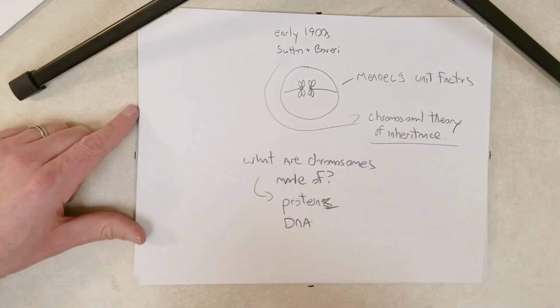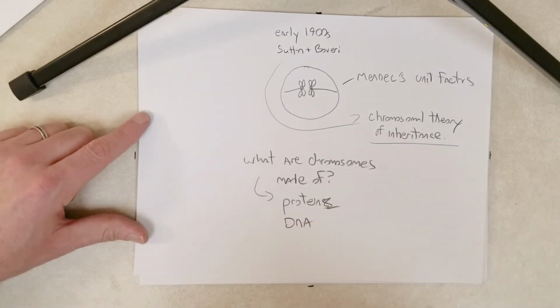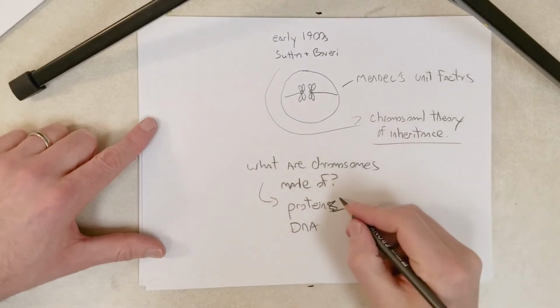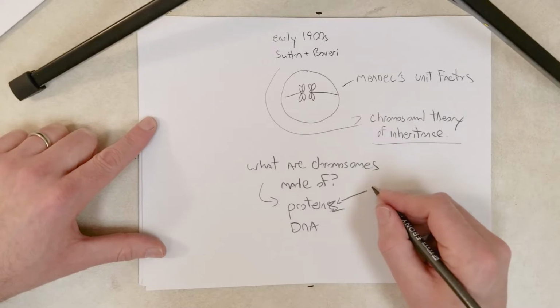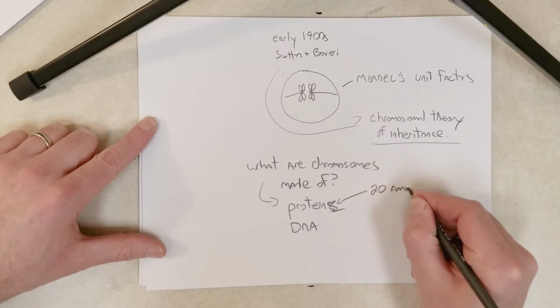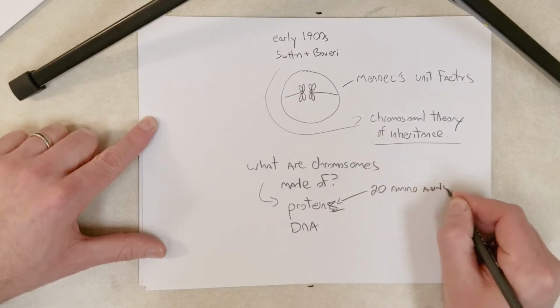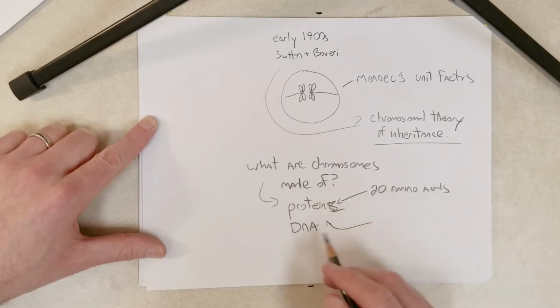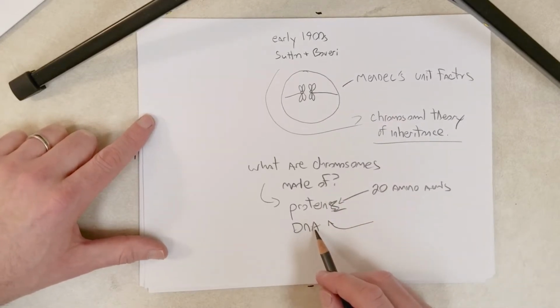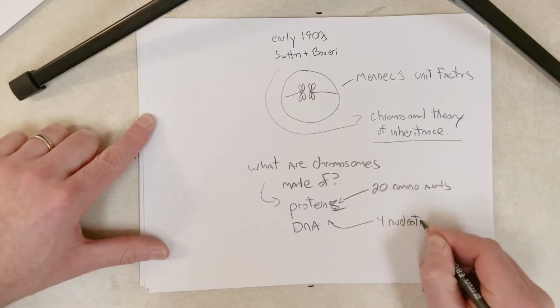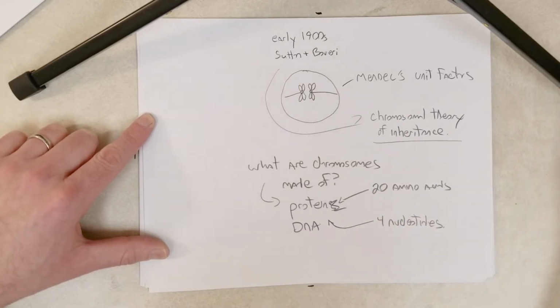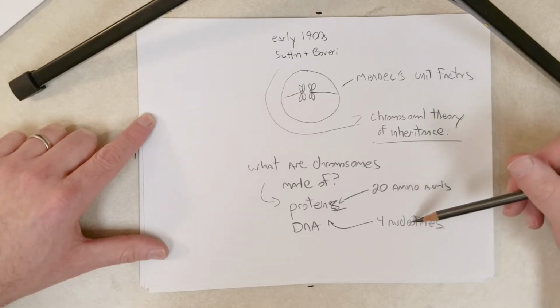Now, this was the early 1900s, and at that time there was a lot of interesting research being done on proteins, which were made up of 20 amino acids, and not so many exciting discoveries with respect to DNA, which was only made up of 4 nucleotides. And we'll talk about the structure of nucleotides later on in one of the next videos.